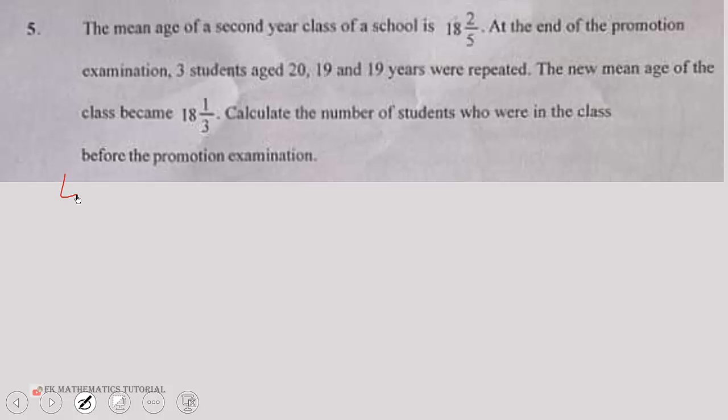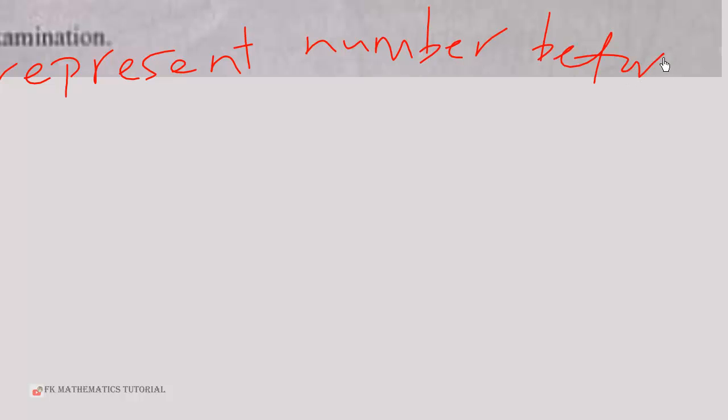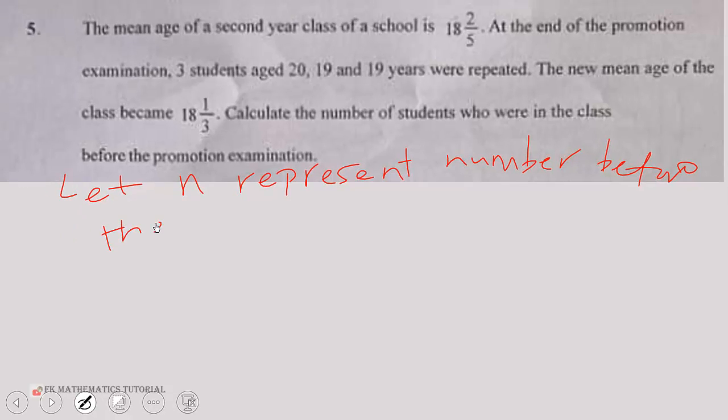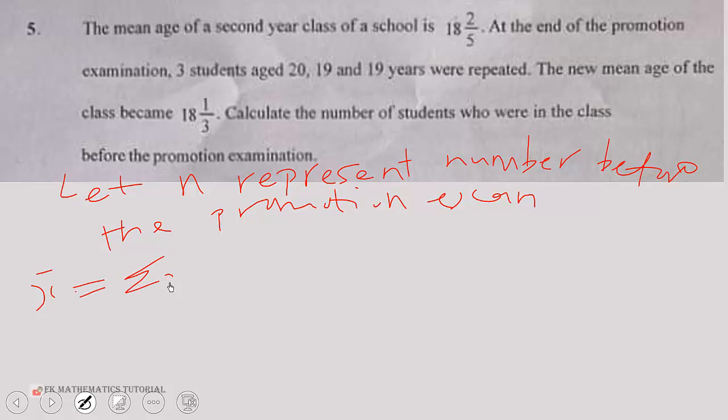So let the number of students in the class before the promotion examination be n. If that is the case, then the mean x bar is equal to summation x over n.